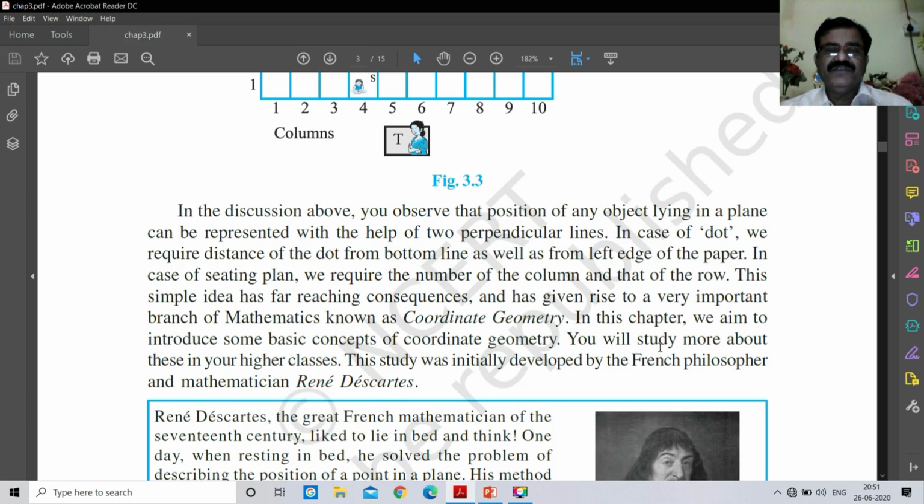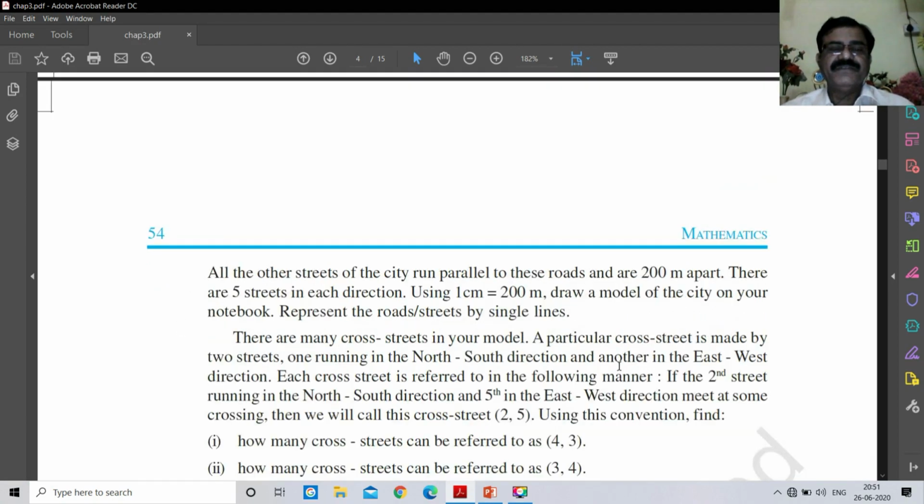This study was initially developed by the French philosopher and mathematician known as René Descartes. This René Descartes was a French philosopher and great mathematician. He gave such concepts.